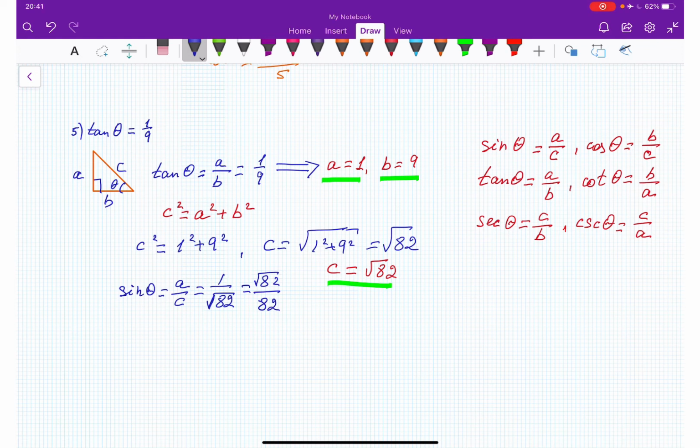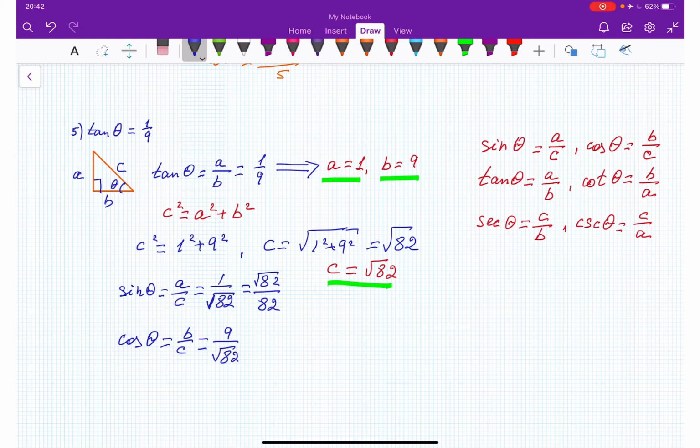So I multiplied both sides by the square root of 82 and got the result. Next, cosine theta is equal to B over C, and it's equal to 9 over the square root of 82, right?